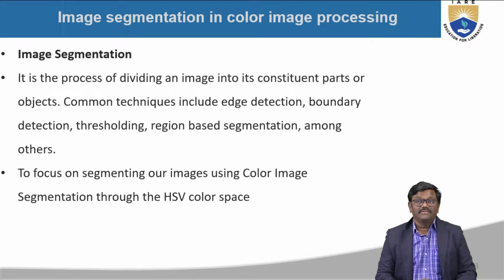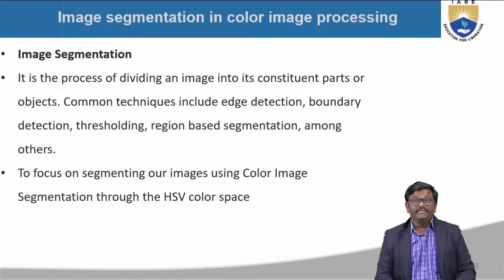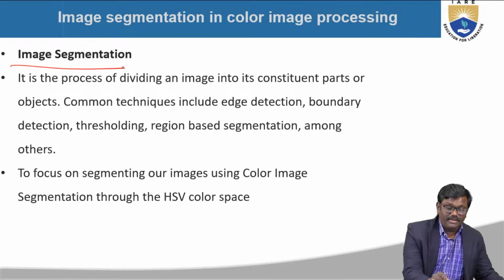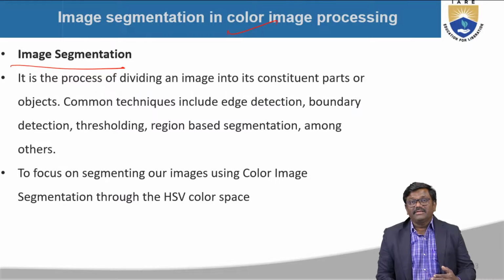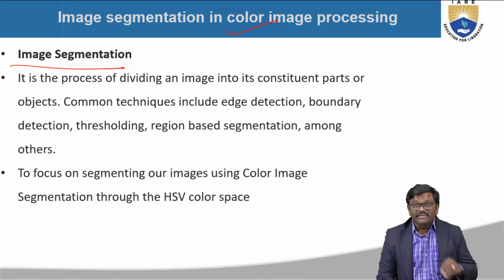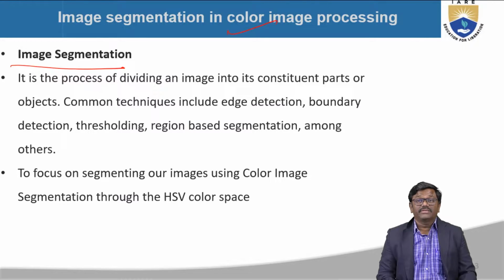Let us see image segmentation in color image processing. It is the process of dividing an image into its constituent parts or objects. Common techniques include edge detection, boundary detection, threshold based detection, region based segmentation, among others.